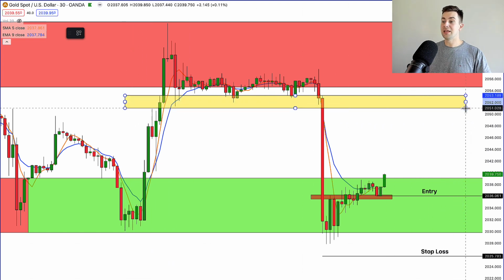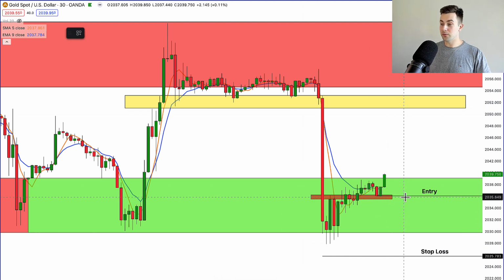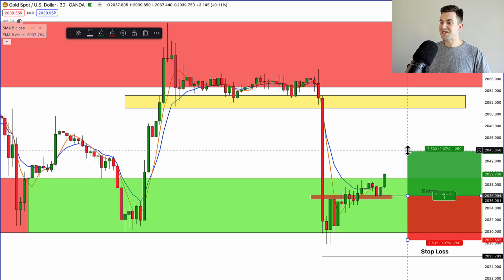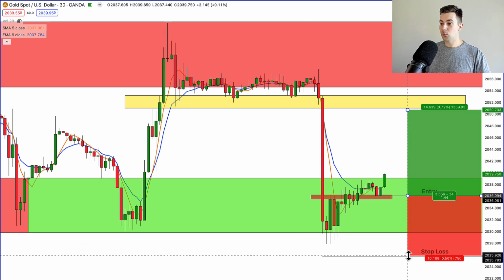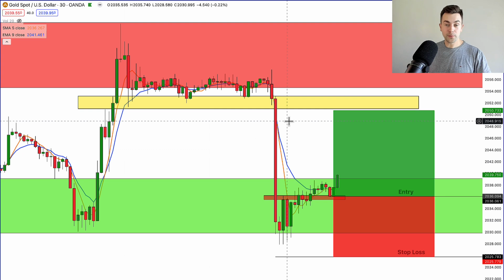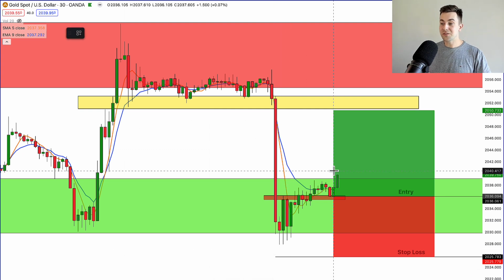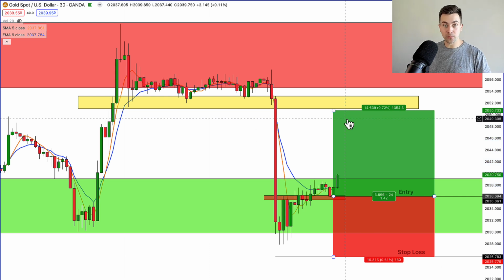We have a very nice structure cluster right here. So our target for the trade will be simply just a little bit below that structure. Here will be our take profit, and here will be our stop loss. And that is gonna be your perfect day trade. And here on gold, we can now anticipate a bullish continuation.